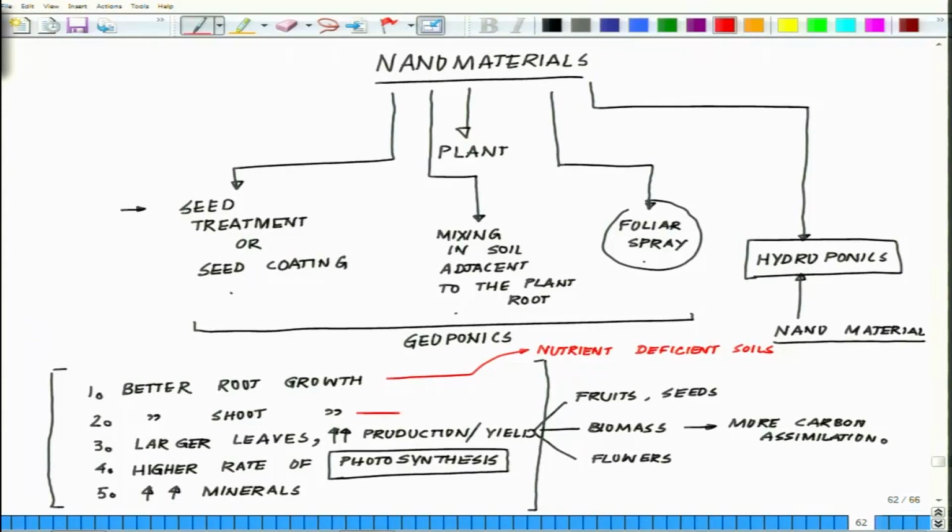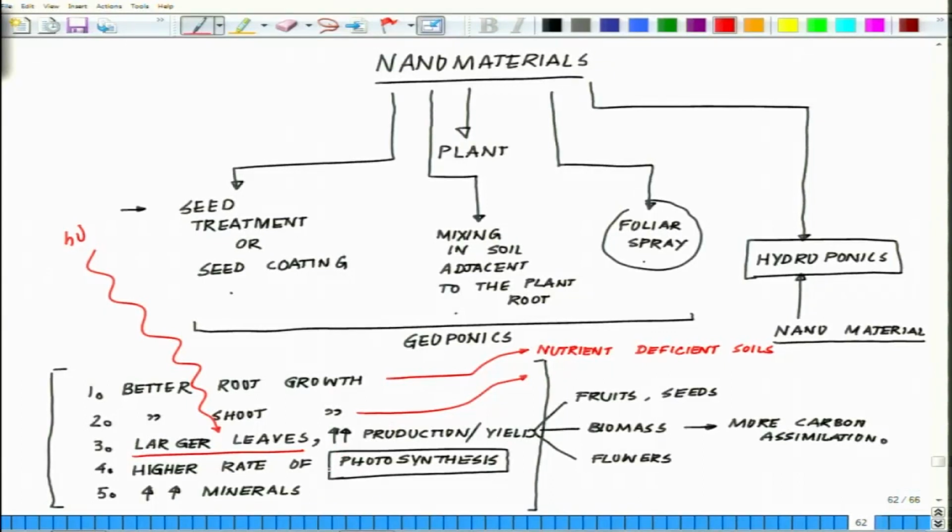Shoot growth, larger leaves, so that means higher solar harvesting capability, a better solar cell, a natural solar cell.